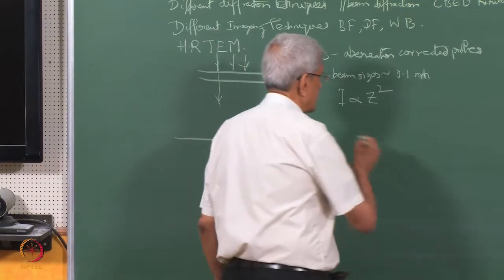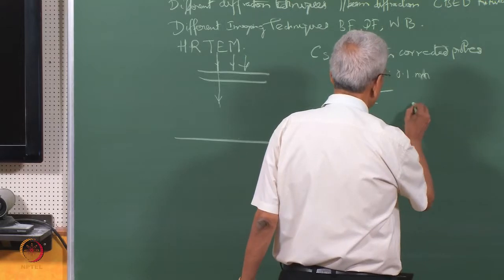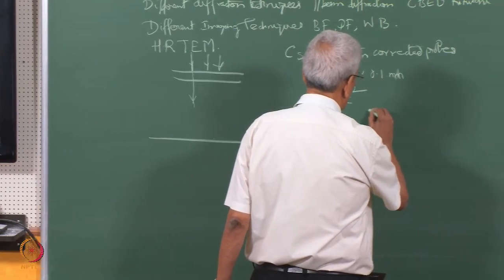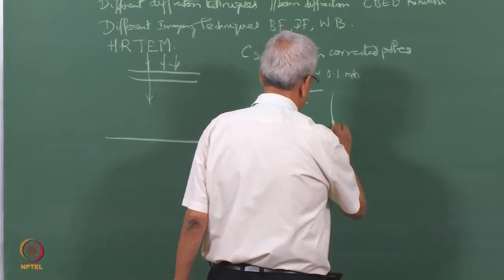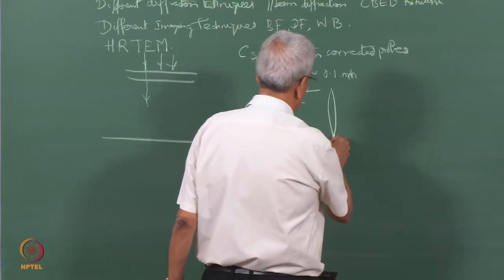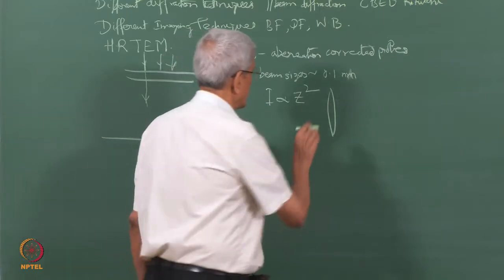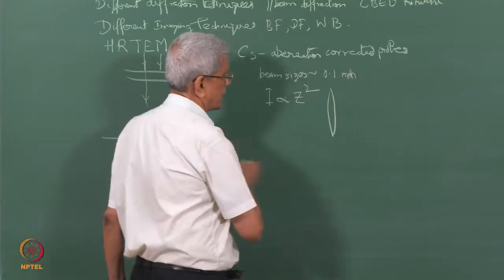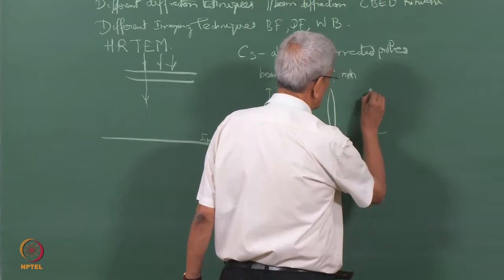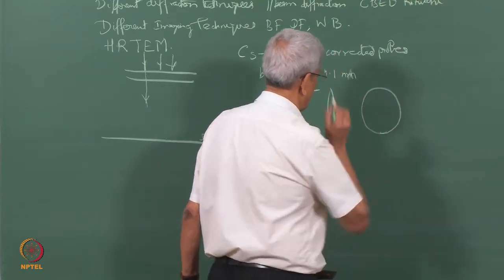For example, suppose we have an ellipsoidal precipitate. If you look at this cross section in this direction, it looks like an ellipse. If I look at this precipitate from this direction, it will essentially look like a circle.